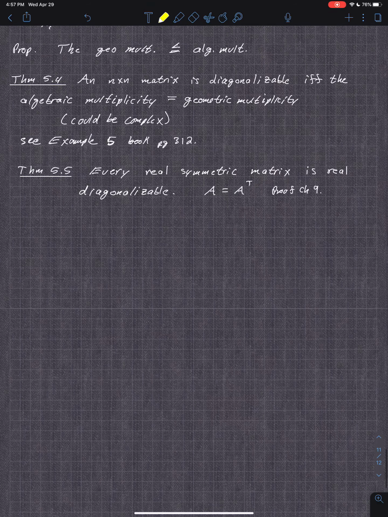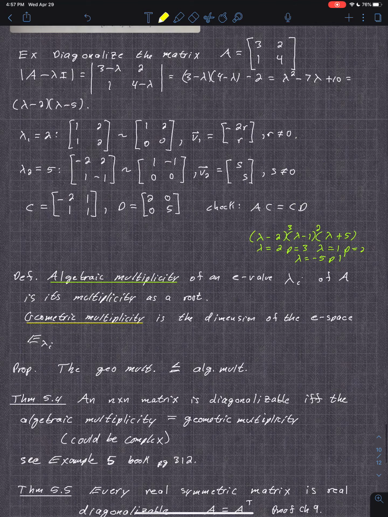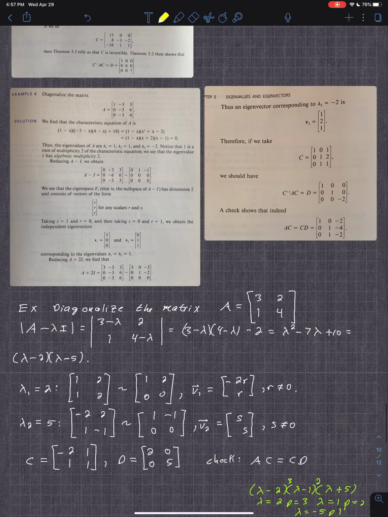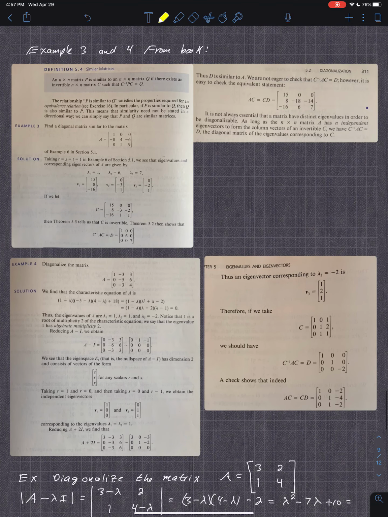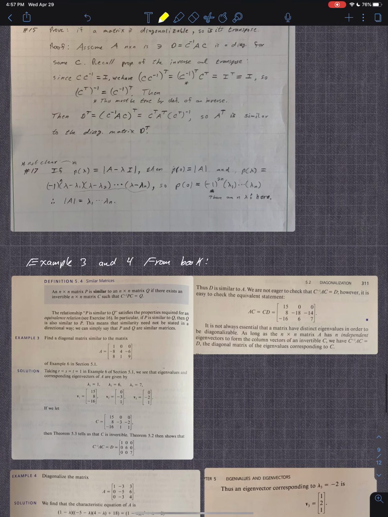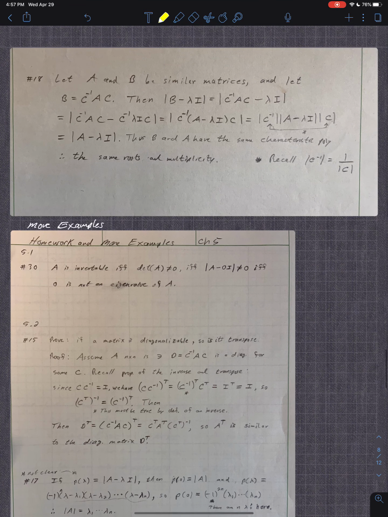So I suggest, sorry, I was looking down to see if I had any more, that you go back to these examples to look that up. Example 4, let's see, I'm not sure that's it. Well, okay, 18 has to do with that. It has to do with similar matrices.